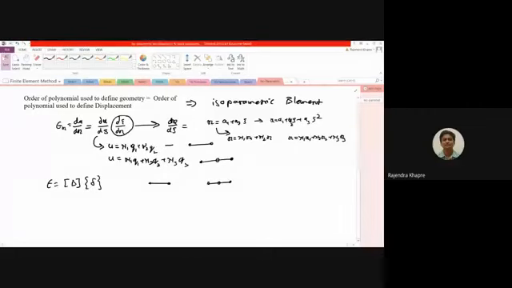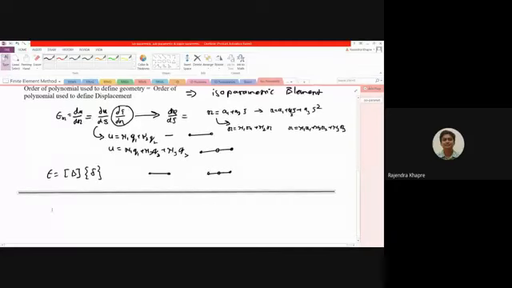Okay. So now let us talk about a different type of element. We have seen the isoparametric element. Let us try and understand what is a subparametric element.